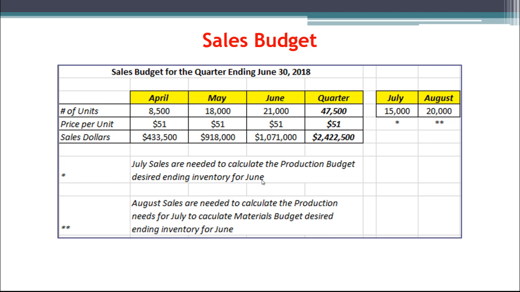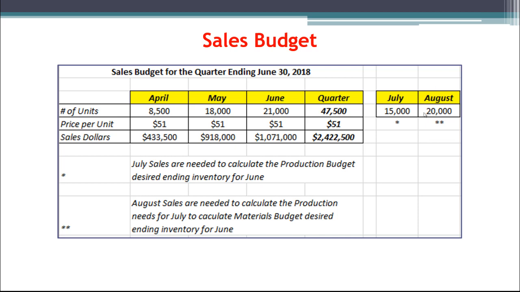What we'll see when we get to the production budget is that part of our calculation is determining how much of next month's sales we want to produce and have ready to go at the end of this month. So we need to know a desired ending inventory based on next month's sales. So we need to know July to be able to get June's ending inventory.